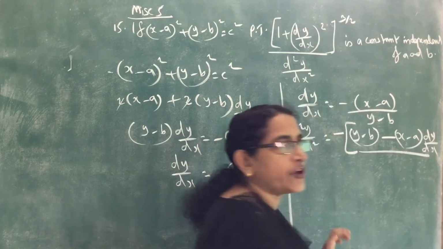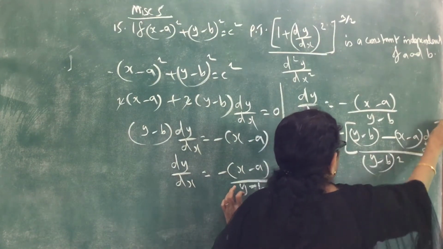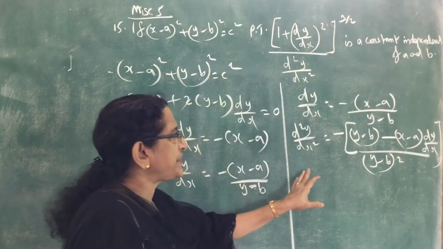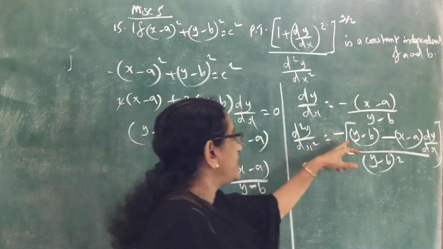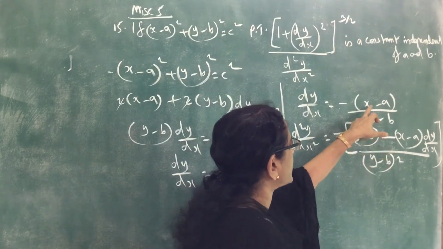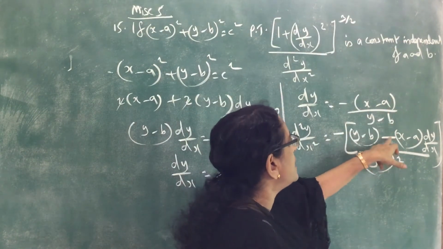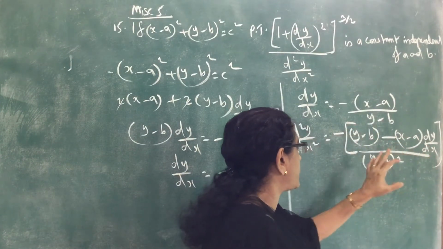Whole divided by the denominator squared, that is (y − b)². So this is the derivative of −(x − a)/(y − b) applying the quotient rule: minus outside, (y − b) · 1 − (x − a) dy/dx, whole divided by (y − b)².